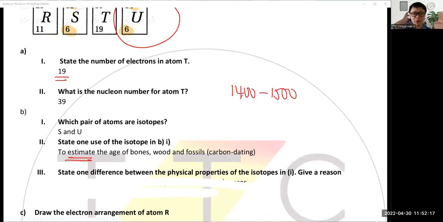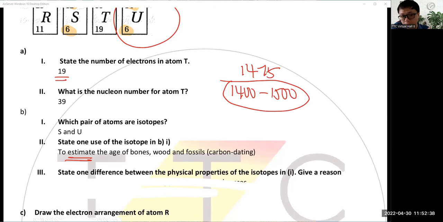We can estimate the range. We cannot determine the age. Determine age means we know this animal died exactly 1,475 years ago. This is called determine. So we can only estimate around 1,004 to 1,005. So in the exam, if you write determine, it will be wrong.